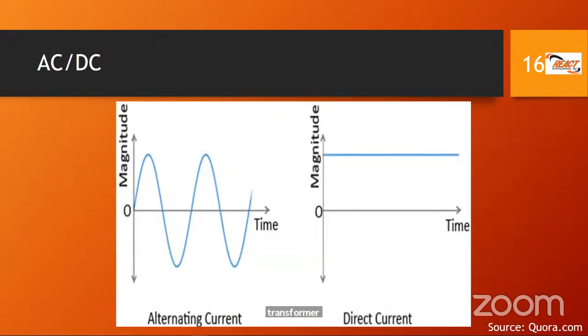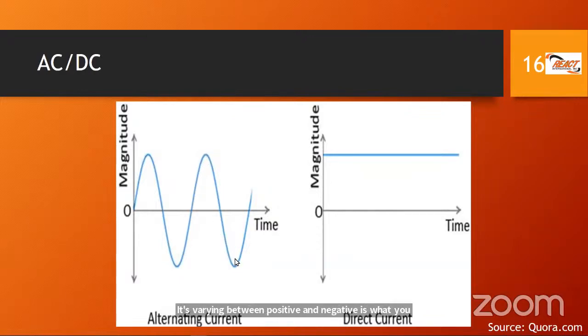Let's remind ourselves about the difference between AC and DC. A similar slide was shared a couple of classes back. This is what an AC voltage looks like. It varies between positive and negative, in what you call a sinusoidal wave.